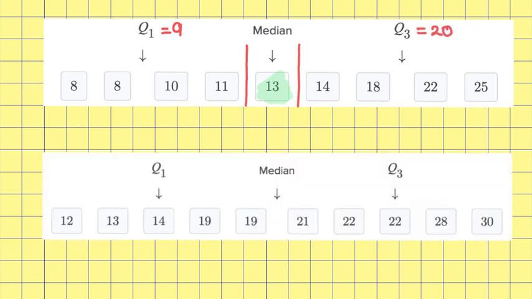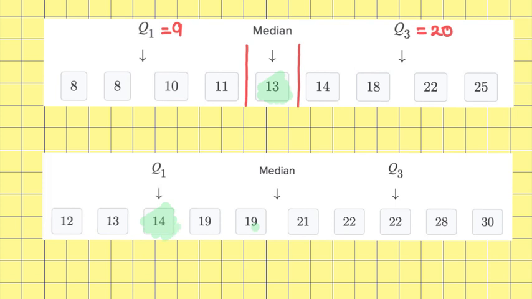If you have 10 pieces of data, as we have in this list, 12, 13, 14, 19, 19, 21, 22, 22, 28 and 30, Q1 and Q3 will be actual pieces of data in the set.